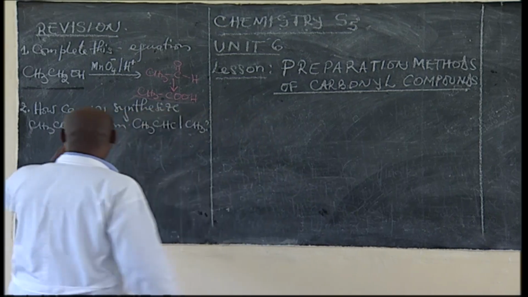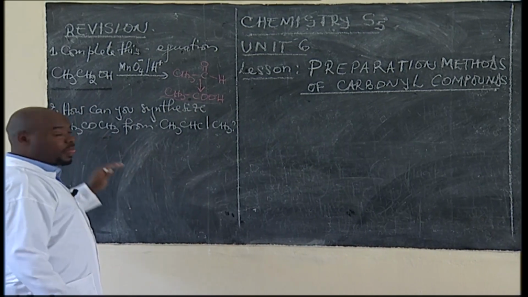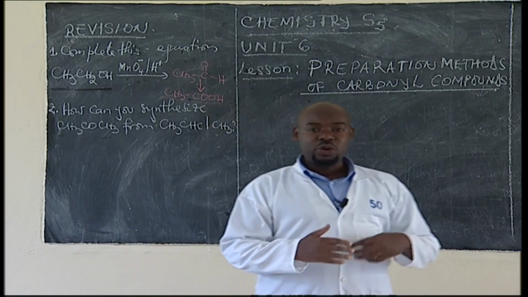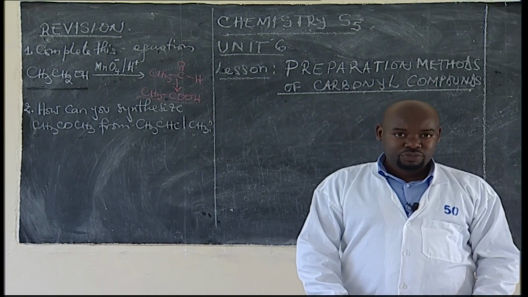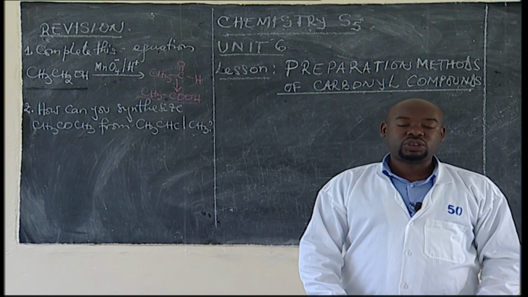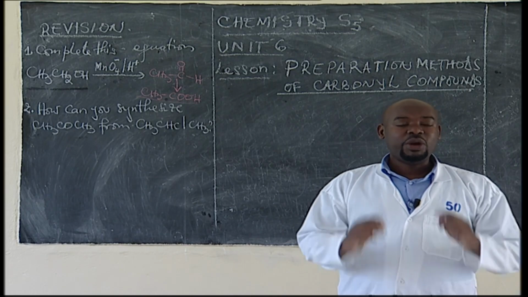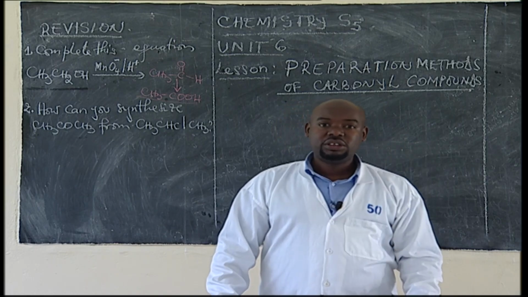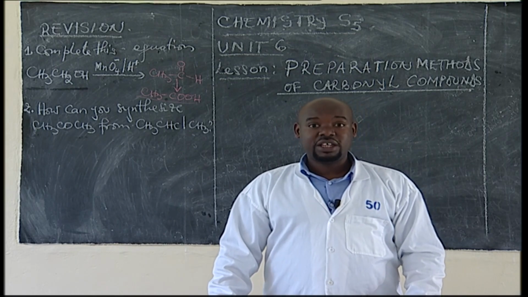We can see that this compound can be produced from an alcohol as it contains an oxygen atom. You remember the oxidation of secondary alcohols. When we oxidize secondary alcohols, we produce ketones, right?